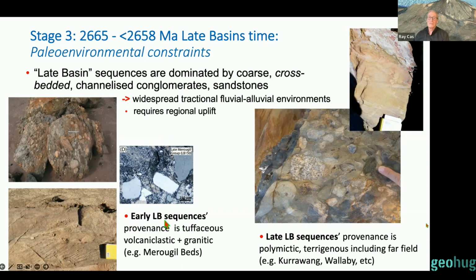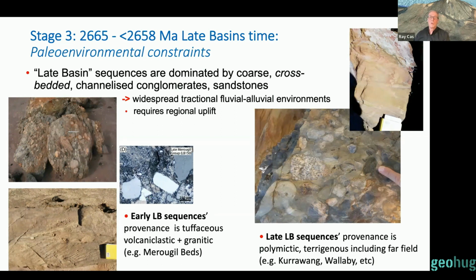The early late basin sequences, which is depicted largely by the Merougil beds around Kambalda, are very markedly tufaceous in their character. Beautiful bipyramidal volcanic quartz phenocryst fragments, and also lots of angular fractured plagioclase phenocryst fragments.